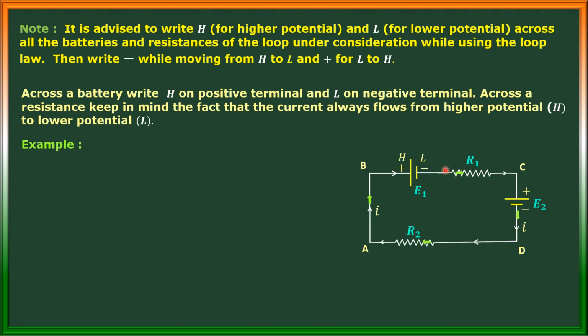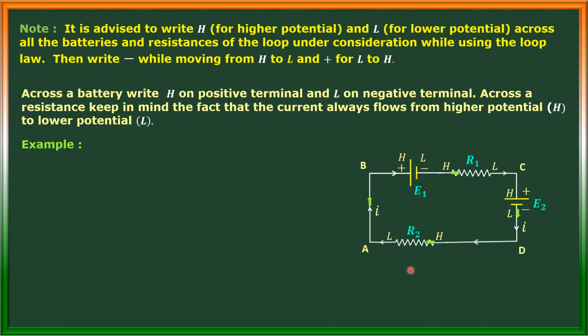So this point is at higher potential, this point is at lower potential, so write H here and L here. Similarly, H, L here, H, L. In a resistor, current flows from higher potential to lower potential. For that reason, here I have written H and here L.